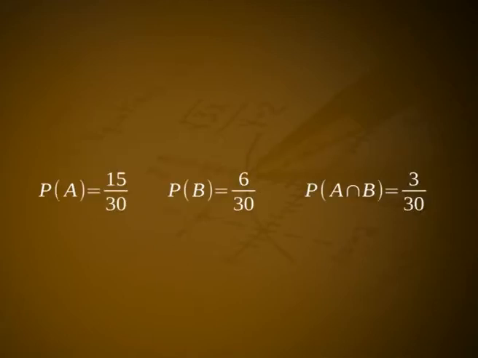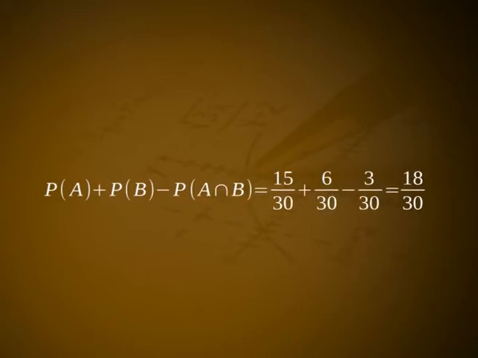Also, P of A equals 15 by 30, P of B equals 6 by 30, P of A intersection B equals 3 by 30. Now, P of A plus P of B minus P of A intersection B equals 15 by 30 plus 6 by 30 minus 3 by 30 equals 18 by 30.